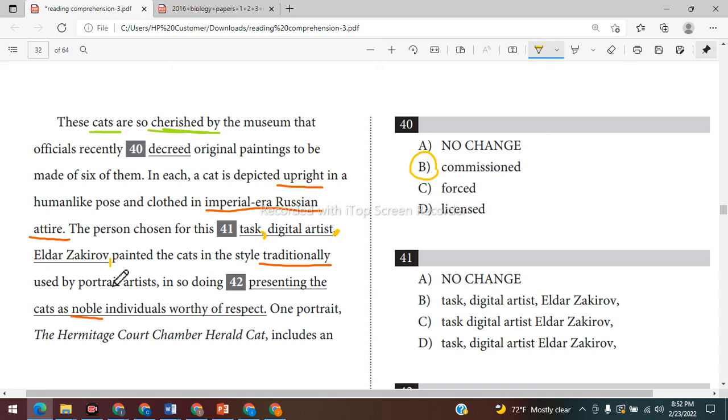So it's D, because we're trying to highlight who the person chosen was. It was Eldar Zakirov. So notice that.